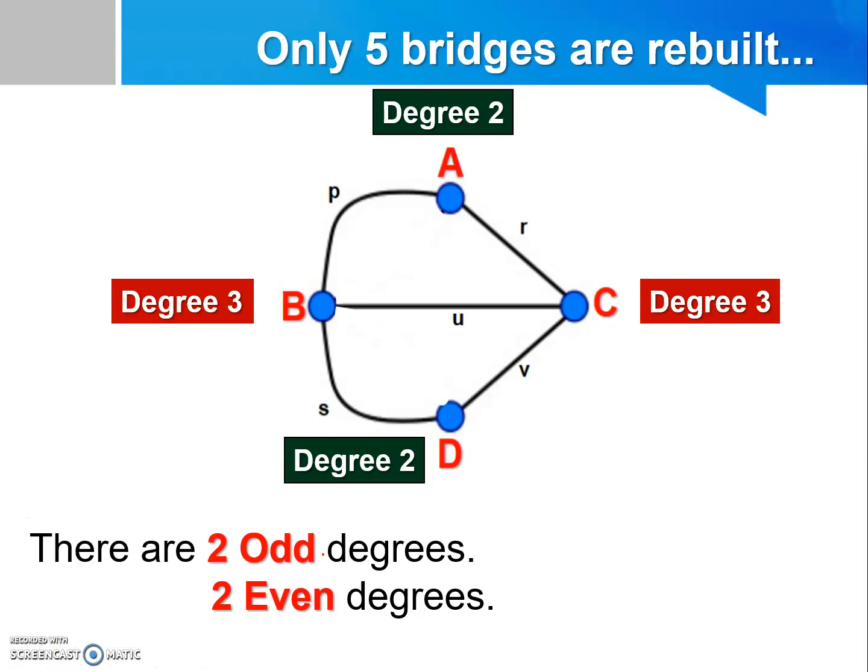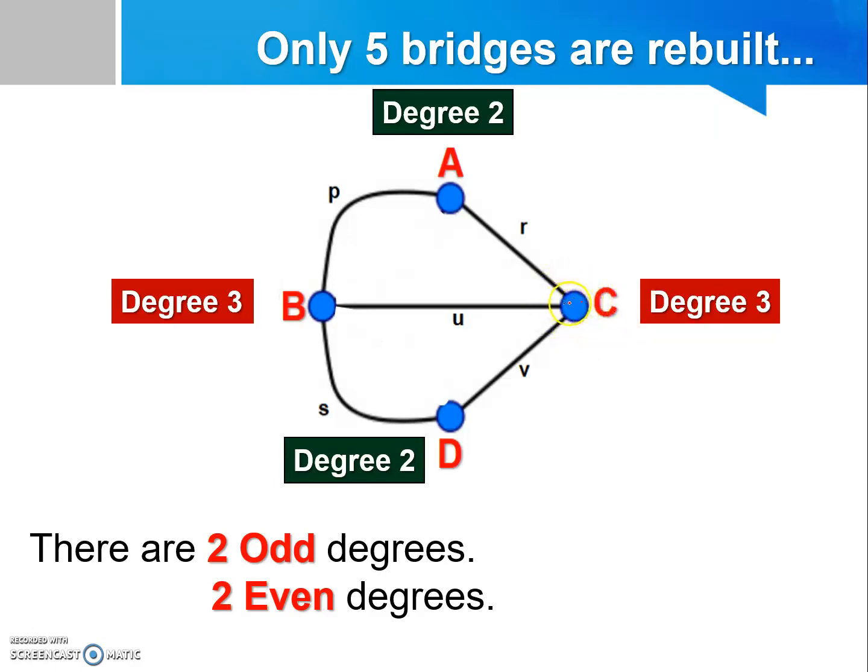Okay. Since there are 2 odd degrees, that is in vertex B and vertex C, we can choose either B or C to become our starting point. I would like to choose C as my starting point.